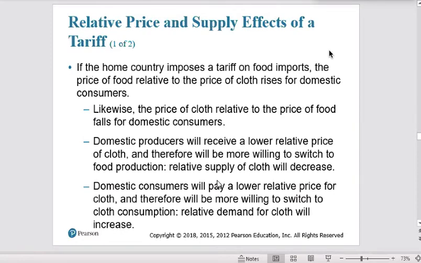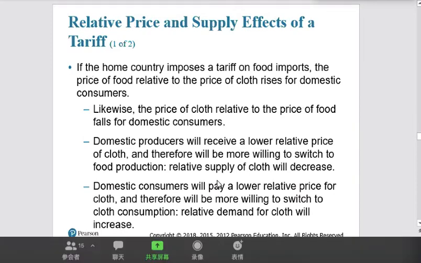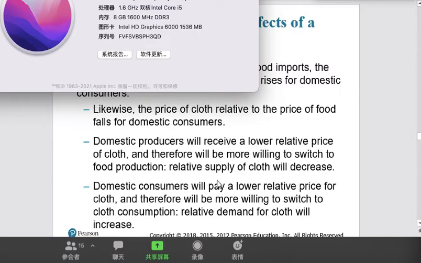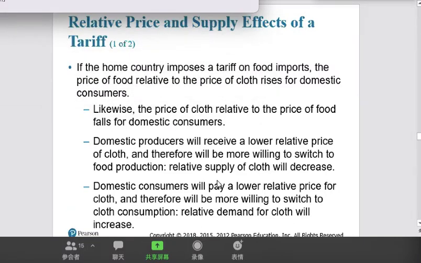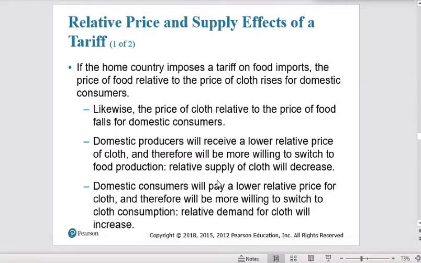And now let's look at what an import tariff does to a country and what export subsidies do to a country. If the home country imposes a tariff on fruit imports, the price of banana relative to the price of clothes rises for domestic consumers. If the banana is $1 per kilogram in the world market, but the government puts a 20% tariff on banana imports, the banana in the Chinese market will become $1.20.